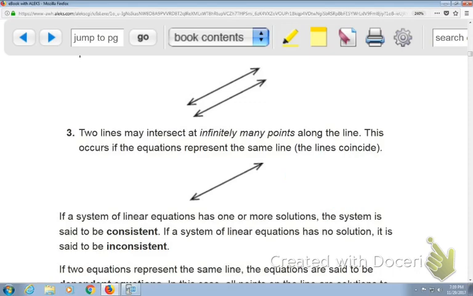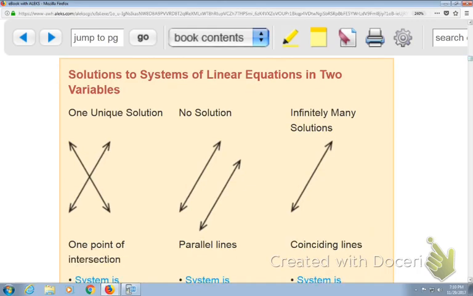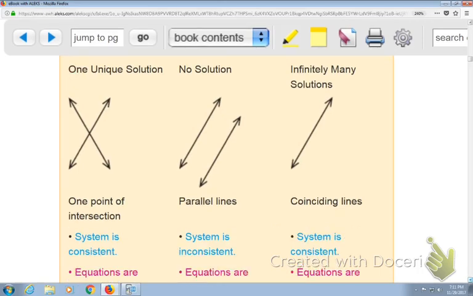All right, so just to kind of summarize that. When we talk about these three cases, we either have one unique solution, no solution, or infinitely many.